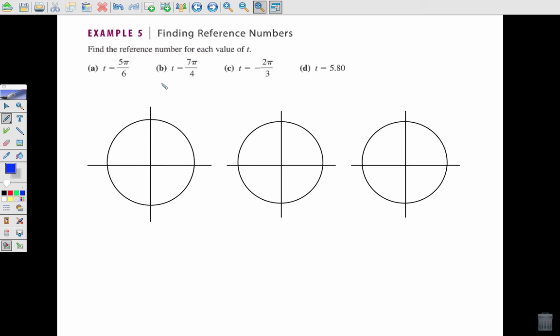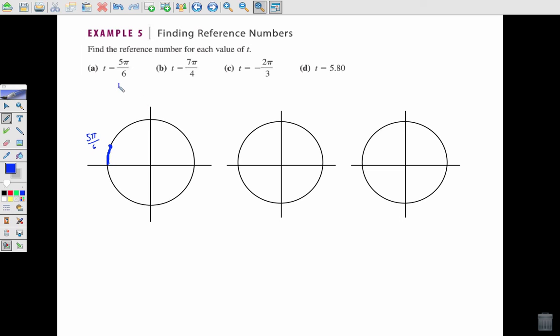If we go back and look at these three examples, so 5 pi over 6. 5 pi over 6 means we move along the circle to here. The reference number means the shortest distance along the circle until you get to the x-axis.